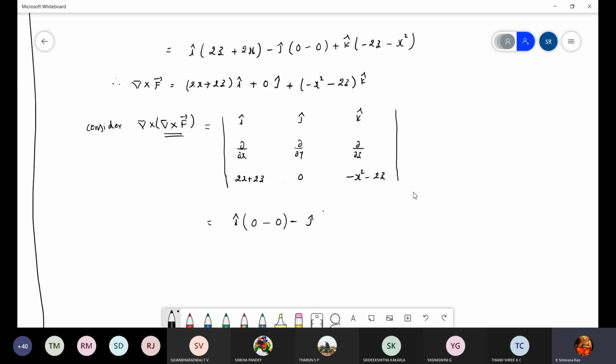Minus j cap into: dou by dou x of minus x square is minus 2x, and that is 0 with respect to x, and with respect to z, 2x gives 0, but 2z differentiation is 2, so minus 2. And plus k cap into: dou by dou x of 0 is 0, minus dou by dou y of 2x plus 2z, which is also 0.